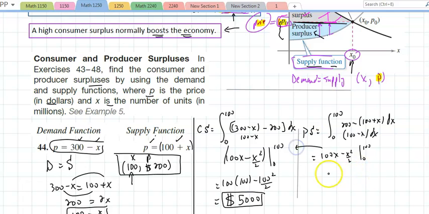It happened to match. That's not always the case, you guys. Just a coincidence. So the producer surplus is 5,000, the consumer surplus is 5,000.